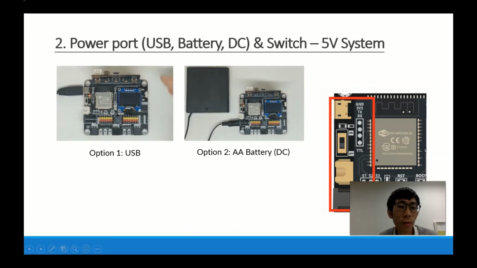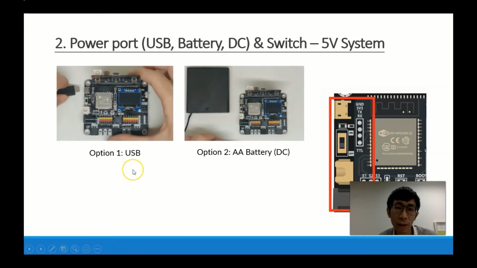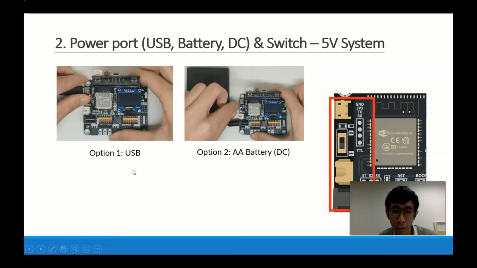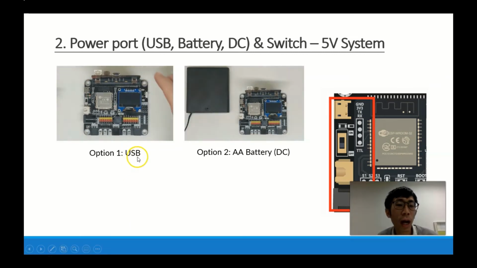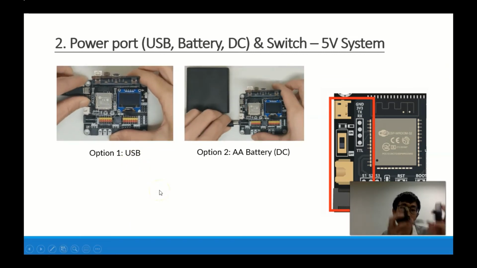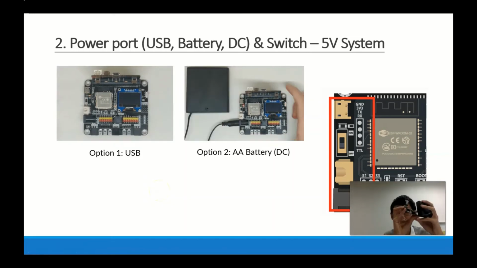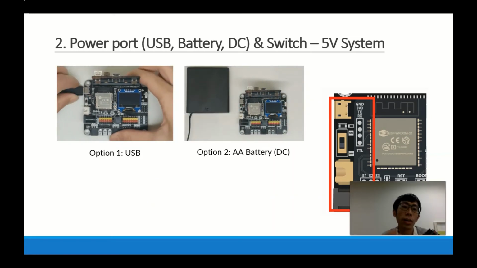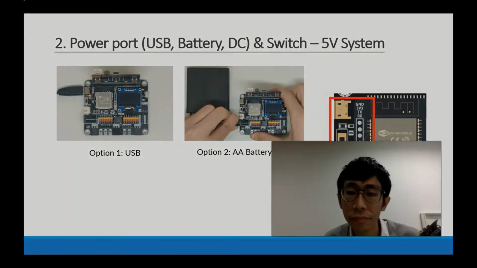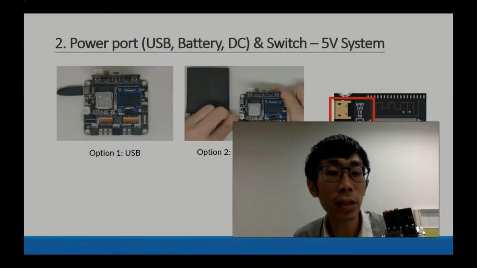So for option 1, the USB, it is quite good because you can connect a power bank to the IoT:bit so that you can put the IoT:bit in one place anywhere. Also, you can plug the USB into the power socket directly. It provides energy continuously so that the IoT board will not be turned off. So that's also good.